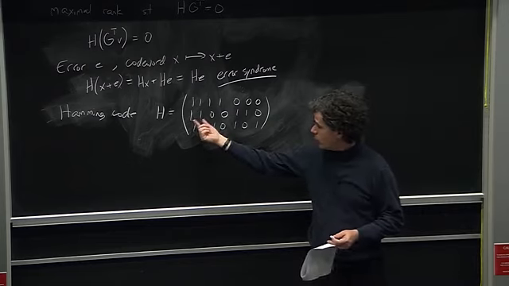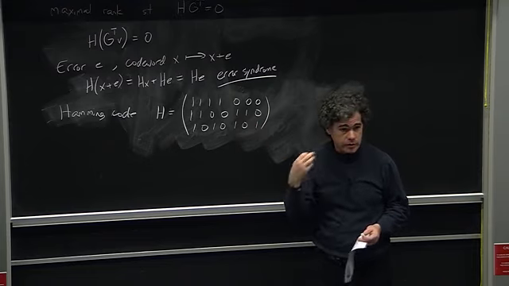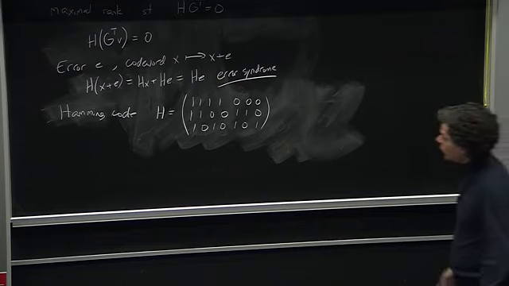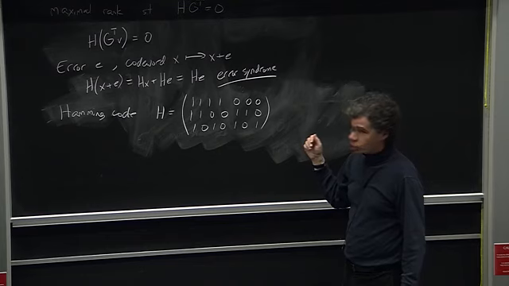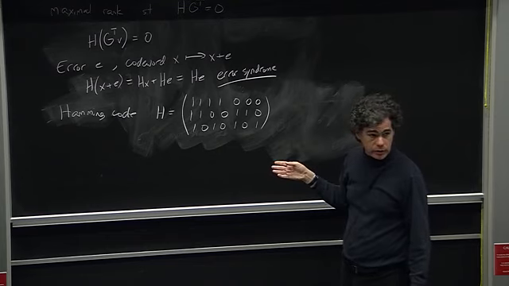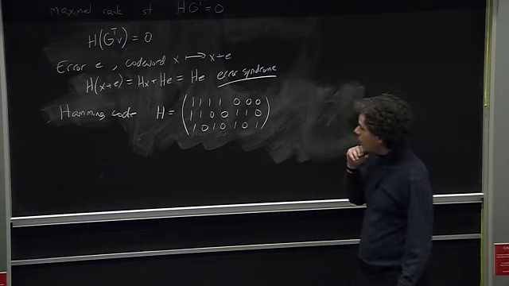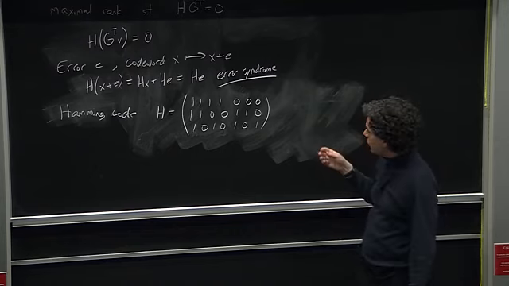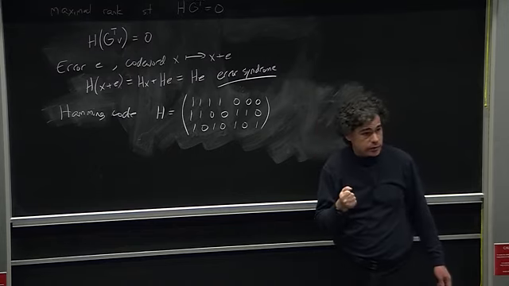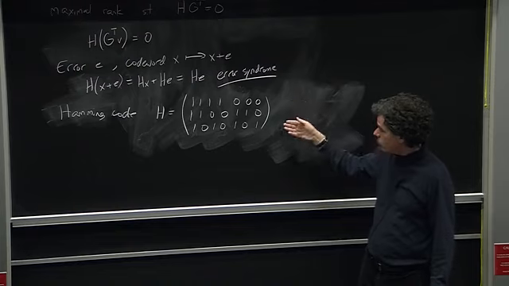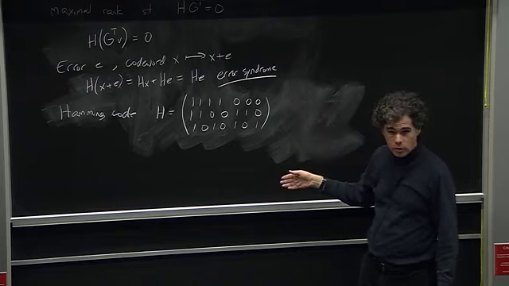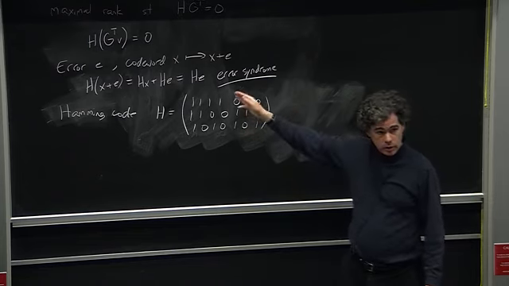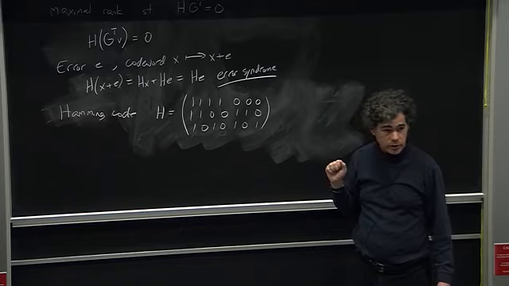And these 4 bits, 1, 2, 5, 6, also have even parity. To think of how this works with errors, we apply it to different error vectors. Suppose we have an error that's just affecting 1 bit, so it's 1 in the ith place and 0 elsewhere: 0, 0, 1, 0, 0, 0. What does that do when we multiply here? It picks out the ith column of this parity check matrix.